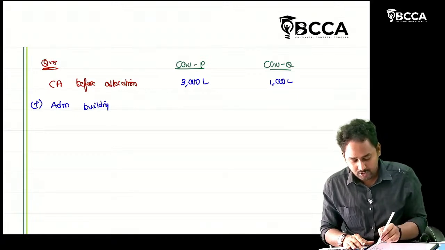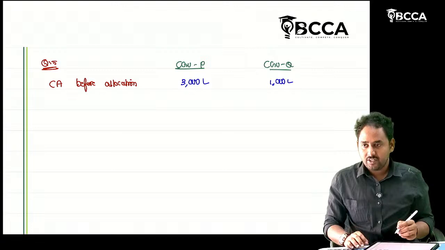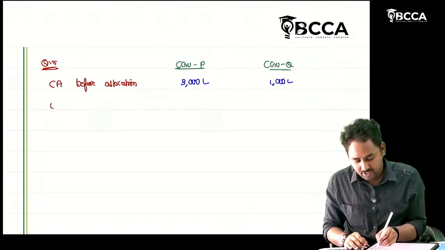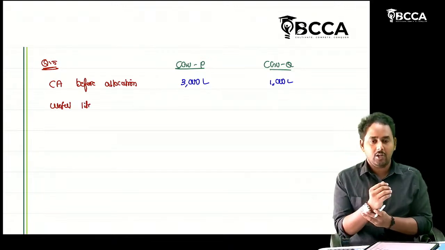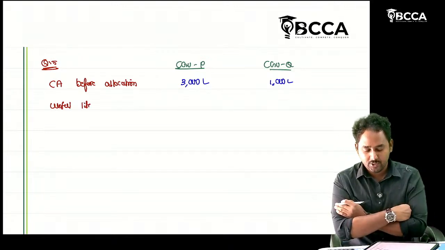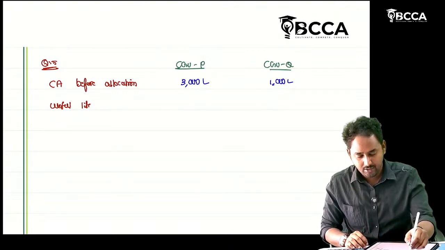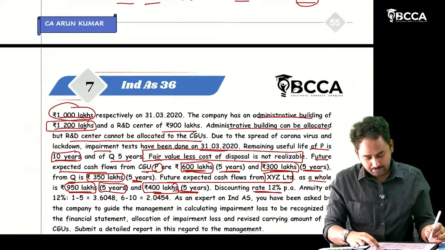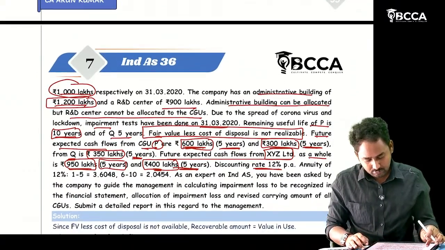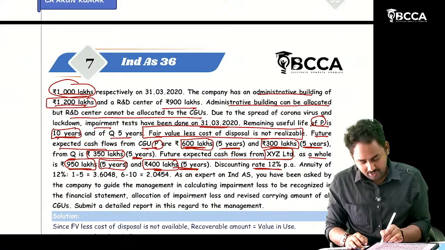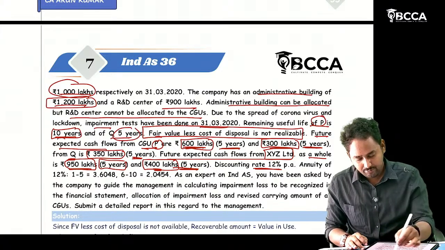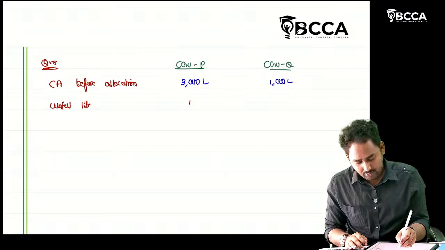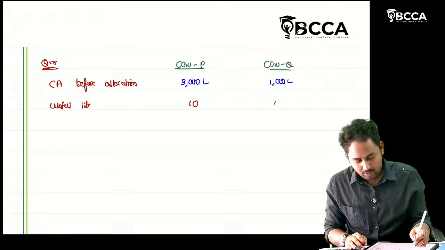So before going to that, useful lives are given because it has different useful lives. So the allocation proportion of the office building should be based on the carrying amount into useful life. What are the remaining useful lives?